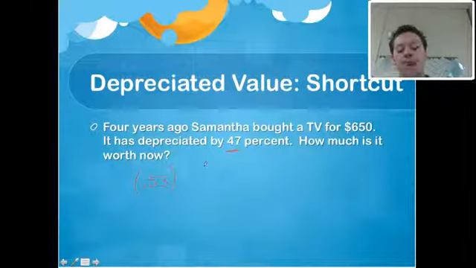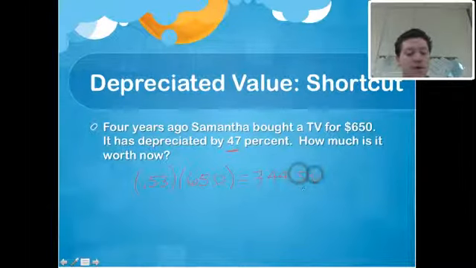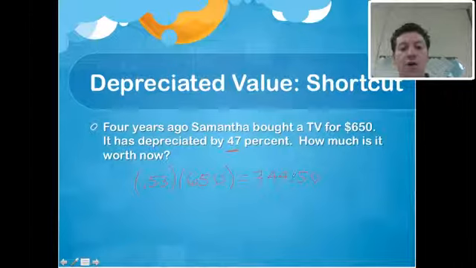So we're going to take that, multiply it now by the 650, and in one step we come up with that same number, $344.50. Terrific.